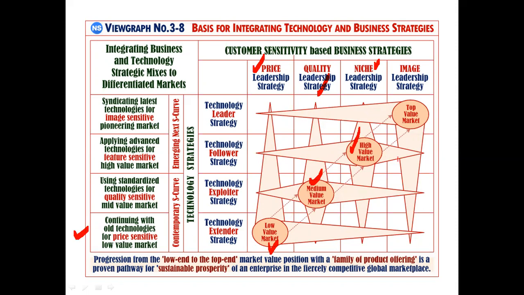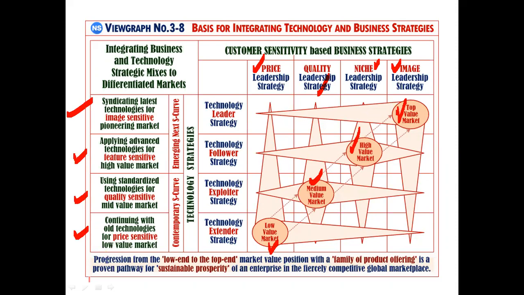But we also know that there are people who have got a lot of money and they go for the image leadership market, the top value market, and Toyota produces Lexus RX 3.5, which sells for $50,000 US. So you can buy two RAV4s for the price of one. But people buy that. Why? Because of the image leadership strategy. And these are the corresponding technology strategies to meet that business strategy.